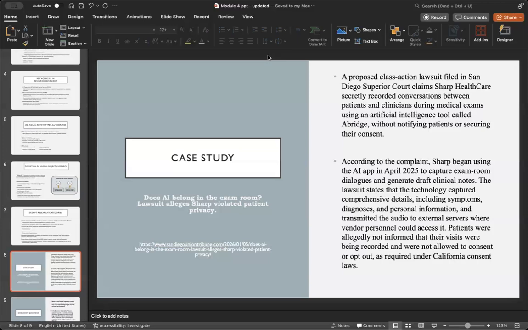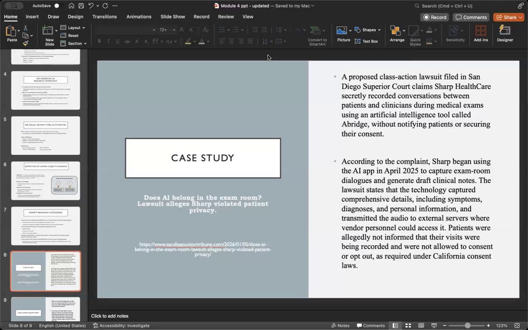So in this article, which you can read, the complaint states that Sharp began using the AI app in April of 2025 to capture that exam room dialogue and generate draft clinical notes. And the lawsuit states that the technology captured really comprehensive details, which include the symptoms, diagnosis, and personal information, and then transmitted that audio to an external server where a vendor actually had access to this personal data.